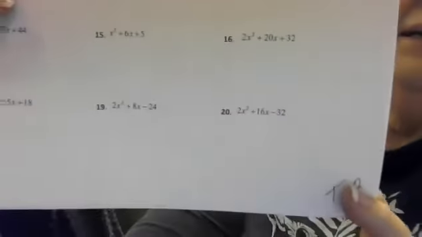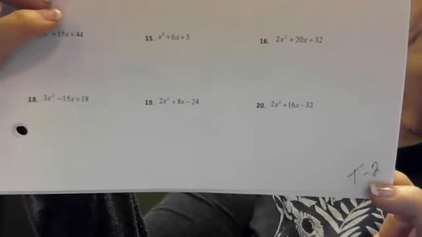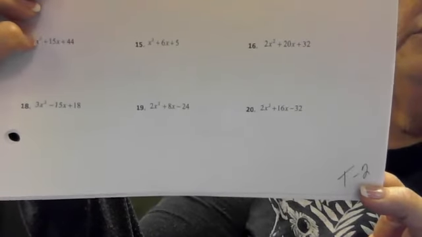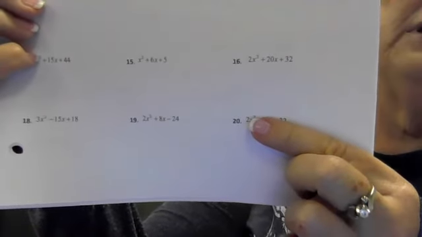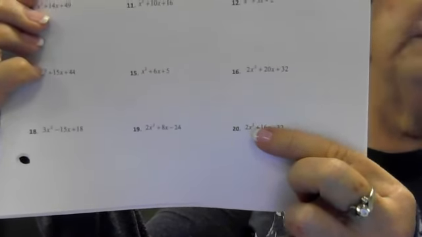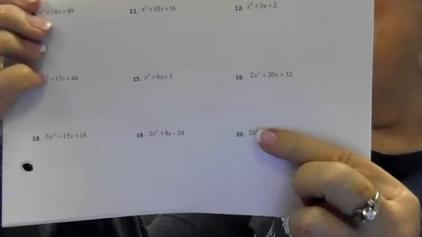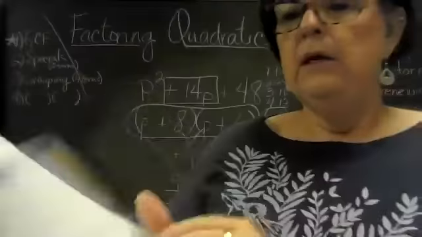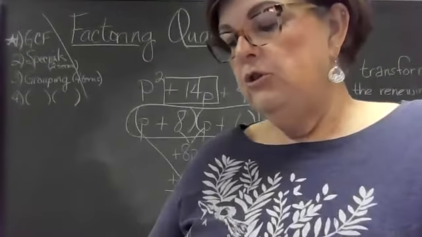That is so funny. Okay, 16, 18, 19, and 20 is where you have to be careful to look for greatest common factor, because notice that it's not an invisible 1 as a leading coefficient anymore. So that gives you a clue there might be a greatest common factor. Okay, so you should be able to do all of page 2.